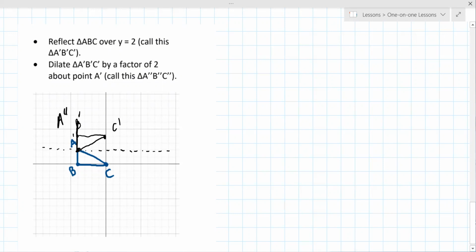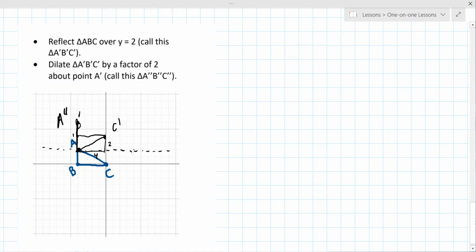This one is a little bit harder to figure. It looks like right 4, up 2. Yeah, 4, 2. So it'd be over 8, up 4. Yeah, exactly.